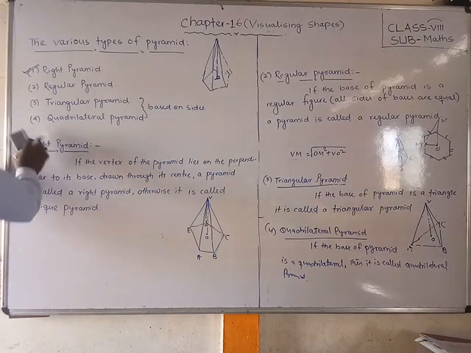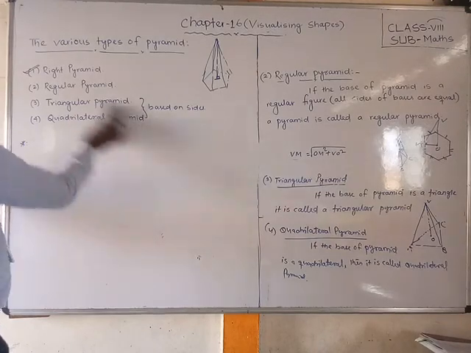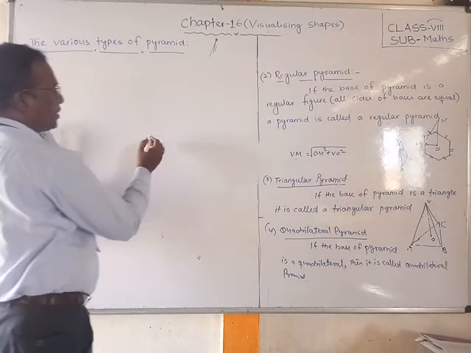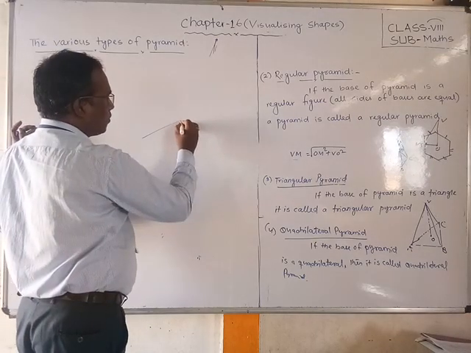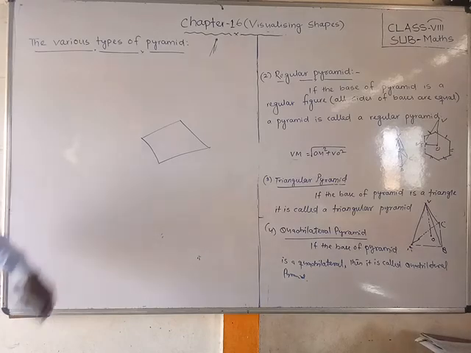Now suppose I will show how the quadrilateral pyramid looks. Quadrilateral means four sides should be there. This is one with four sides, so it is a quadrilateral.